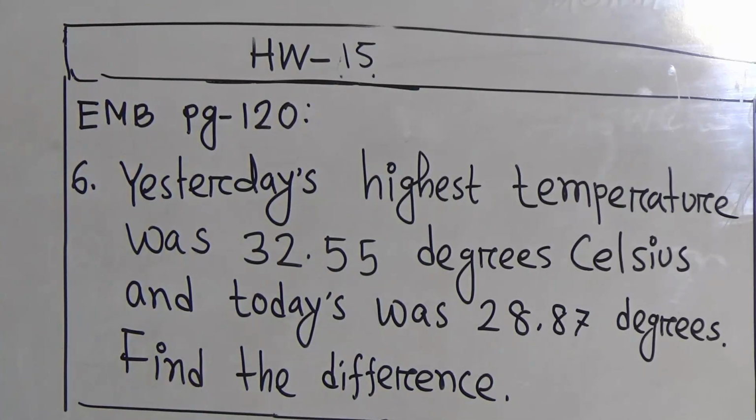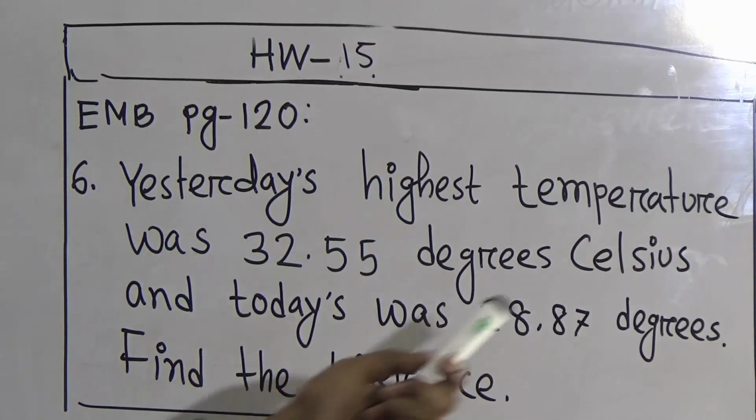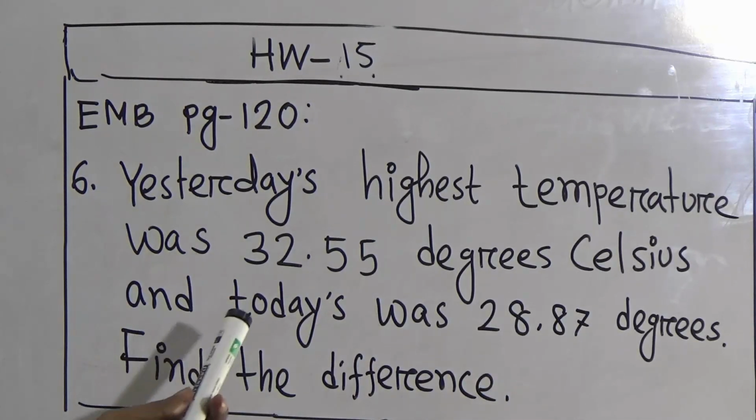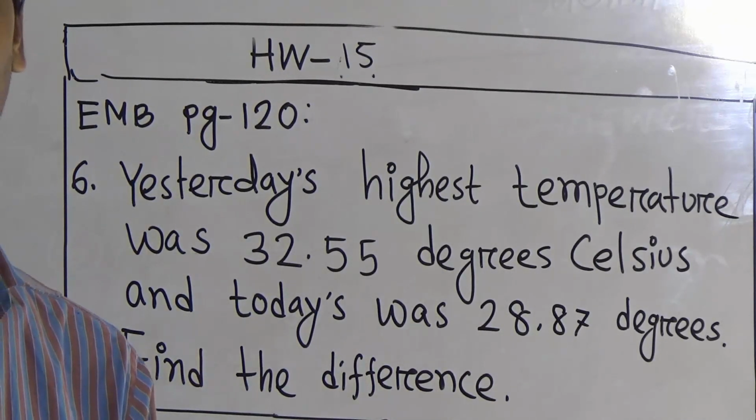Dear student, when the question is find out the difference, then this must be subtraction. How can you solve? At first you write yesterday's highest temperature 32.55 degrees Celsius. Then the next line you write today's was 28.87 degrees Celsius. Then you do the subtraction.